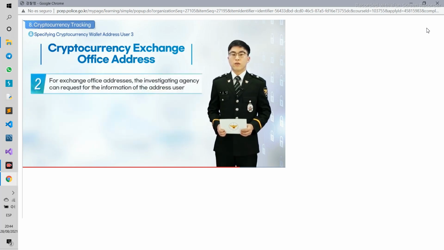Therefore, if the person targeted for investigation moved their cryptocurrency through a cryptocurrency exchange office operated in most countries, the investigating agency can request the recipient information from the exchange office through the cryptocurrency address of the exchange office and the transaction history of that cryptocurrency.